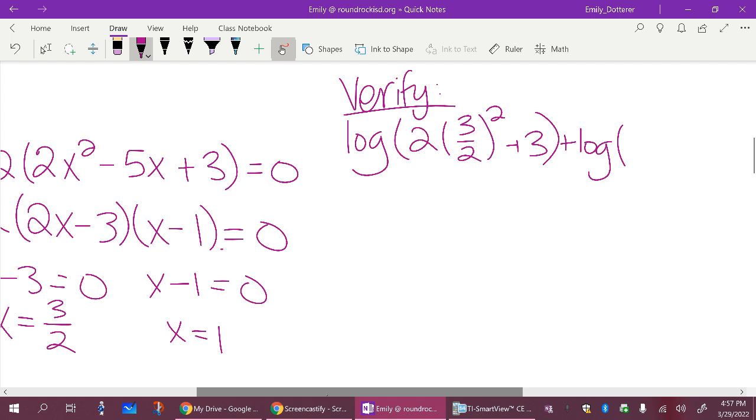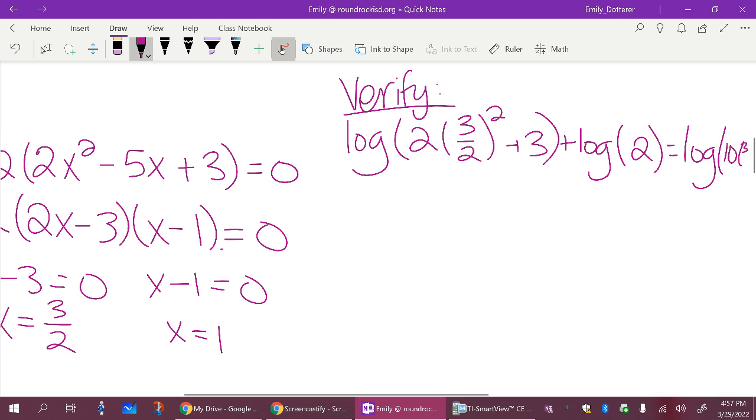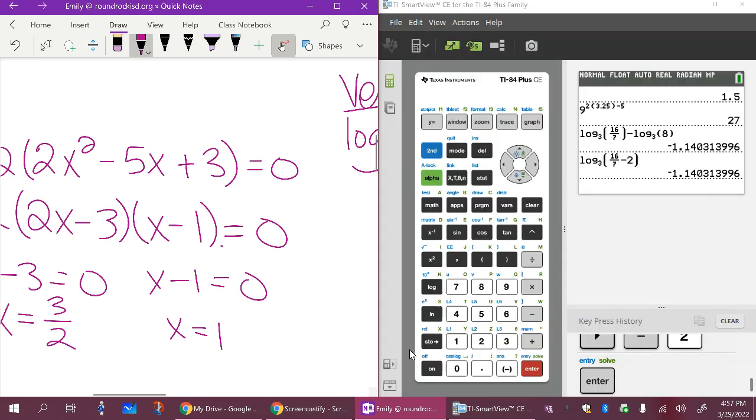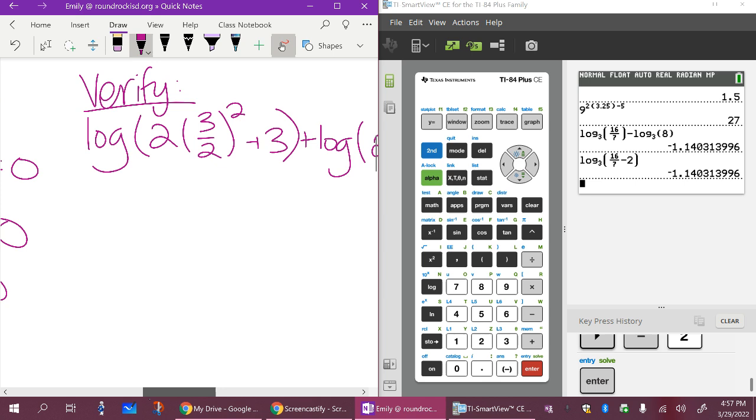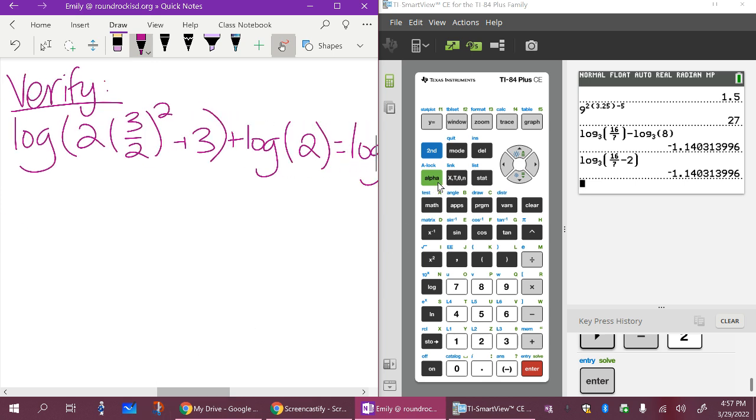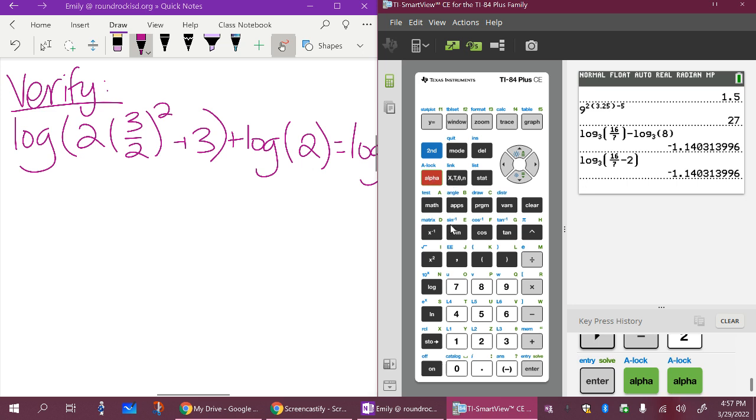Log of 2 equals log of 10 times 3/2. Okay. We're going to do this one side at a time.